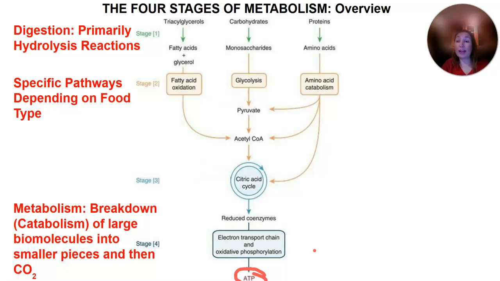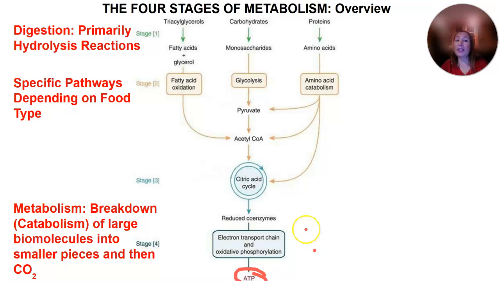Metabolism is the breakdown, or the catabolic processes, catabolism, I cannot ever say that right, of large biomolecules into smaller pieces and then down to CO2. So we have these anabolic and we have these catabolic processes. We're doing catabolic processes, the breakdown of these large biomolecules that will eventually produce CO2.